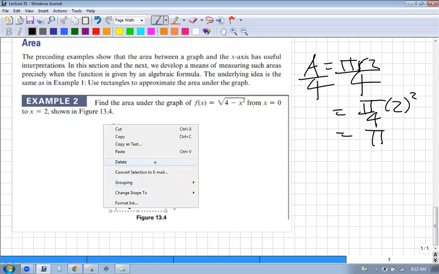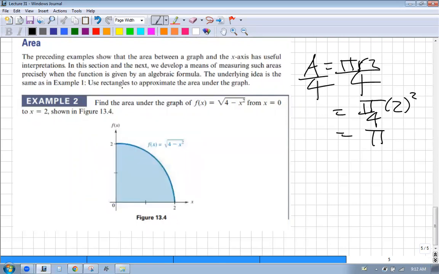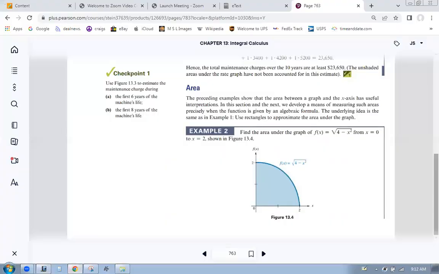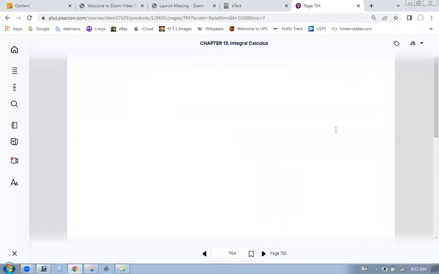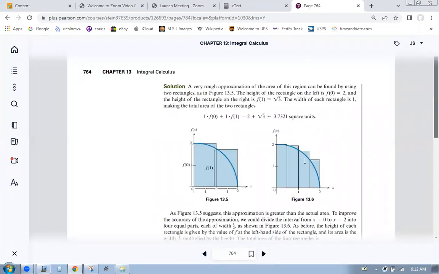So what do they want us to do? Use rectangles to approximate area under the graph. All right, there are lots of different approaches we could do. Let's see how accurate they want us to be, though. I mean, the area is pi. We just figured that out using the area formula.